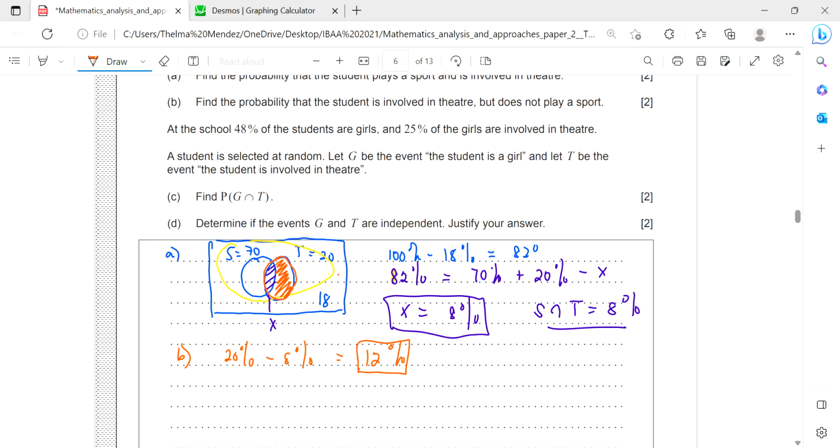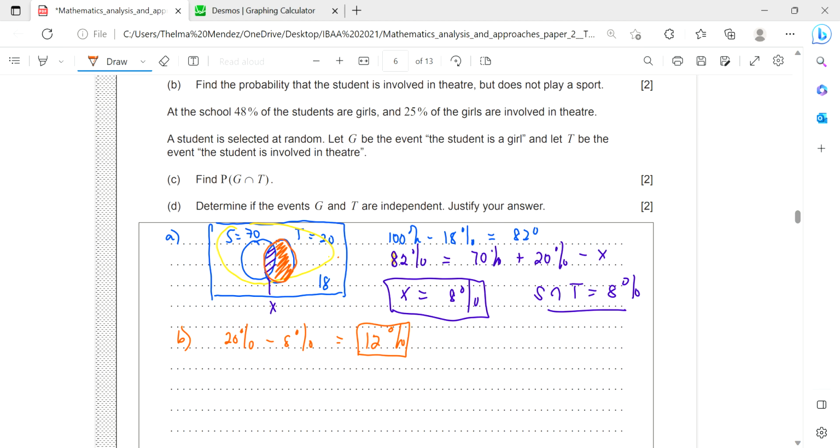For letter C, okay, let's read this. At a school, 48% of the students are girls and 25% of the girls are involved in theater. A student is selected at random. Let G be the event that the student is a girl, and let T be the event that the student is involved in theater.